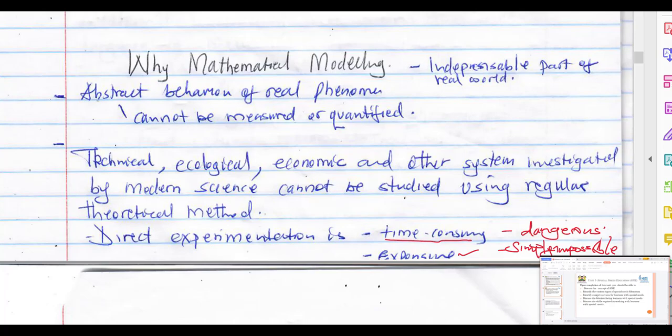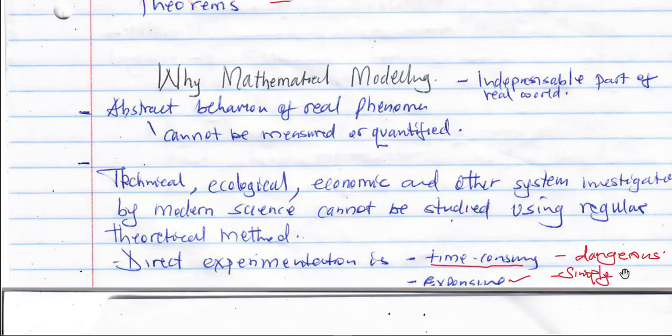There are some experiments you cannot do because they are dangerous and can cause a lot of harm. So you have to look for a way, and the best way is to employ modeling.